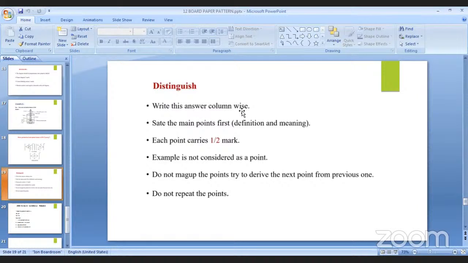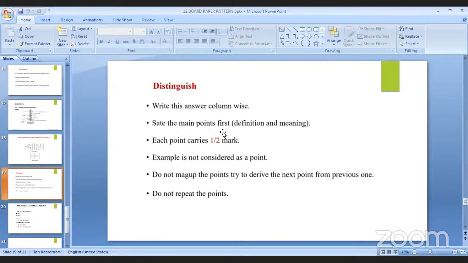So write this answer column wise. You will not write point wise. First you are writing of the first, and then of the second. No, comparatively you should write. Means when you are writing the points, they should be comparative to each other. So point one should be comparative to point one of the other. So write answers column wise.